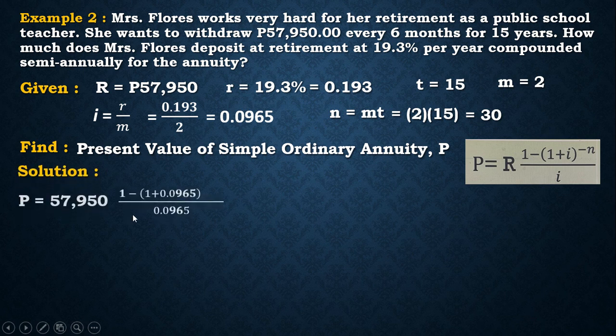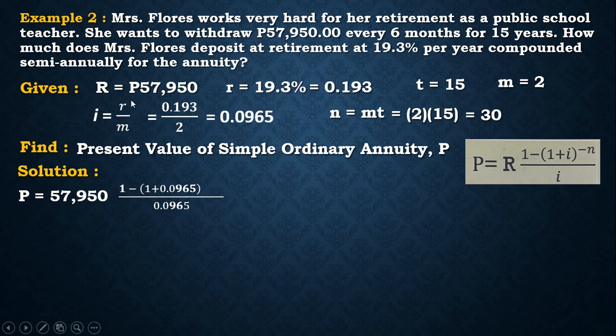Solution, we have to substitute R, which is 57,950. And then we have to substitute i, yung mga 1 po as is. Sinubstitute po natin yung i, that is 0.0965. Yung exponent po natin ay naging negative 30.